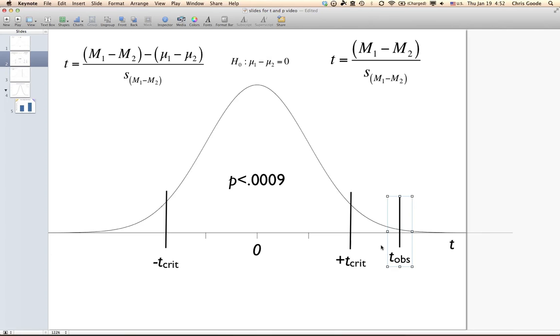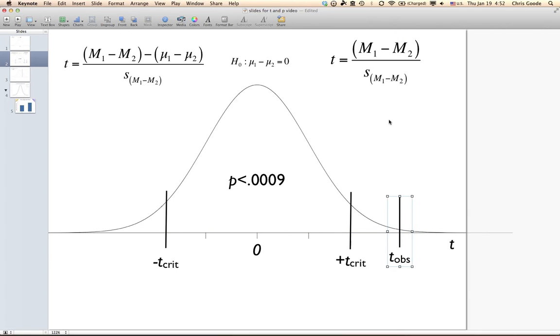We're going to take this extreme probability, not that it's due to chance or not, but this extreme probability of getting these when these differences are due to chance, and we're going to use that as evidence that our treatment really did work, that these differences are not due to chance, and that's why we reject this null hypothesis when the observed value for t is beyond the critical values.